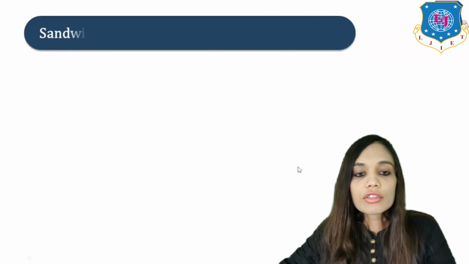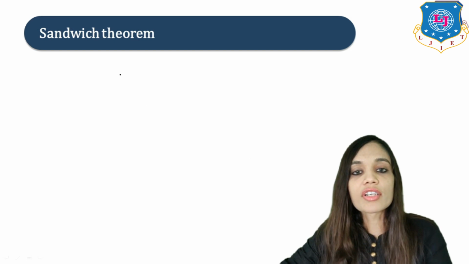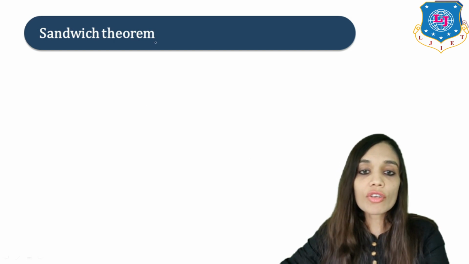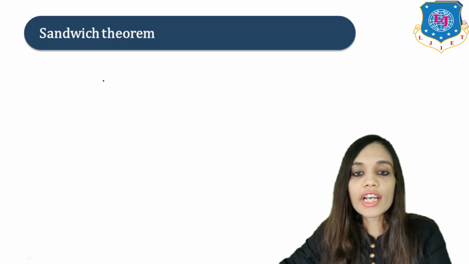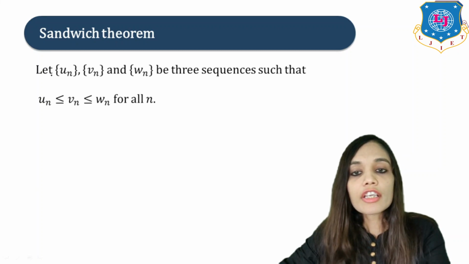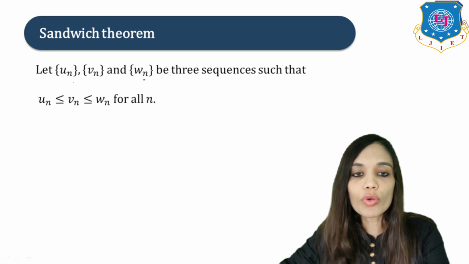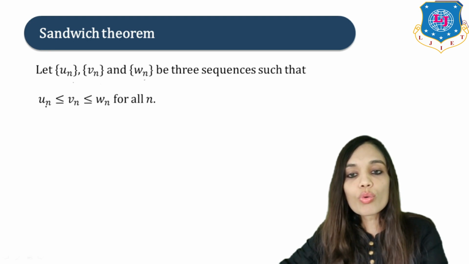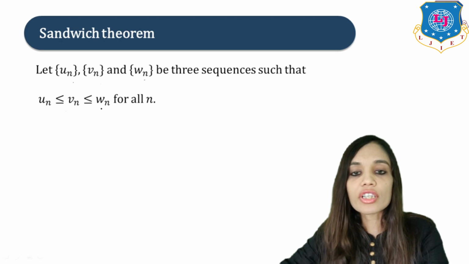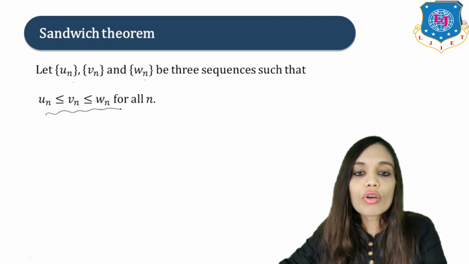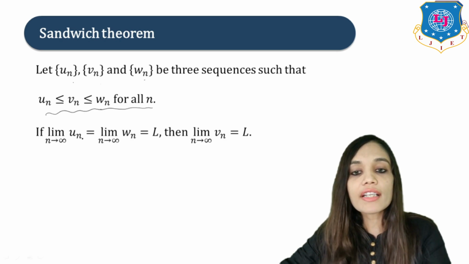Okay. So next is our sandwich theorem. Very important theorem. So let us start with its statement. If we are given three sequences un, vn and wn such that un is less than or equal to vn, which is less than or equal to wn for all n, then what can we say?